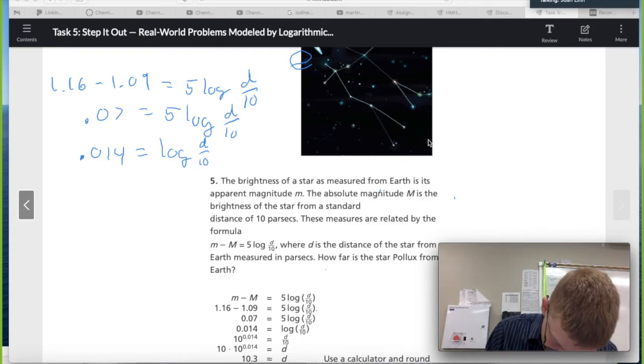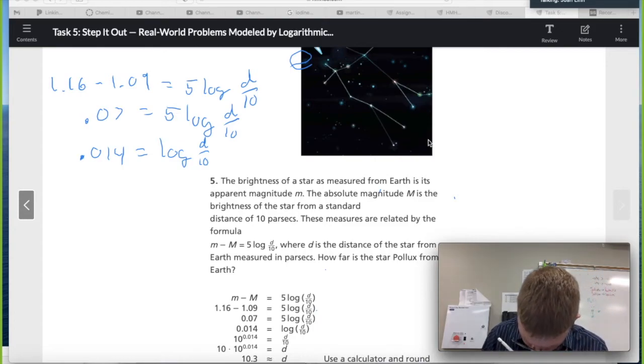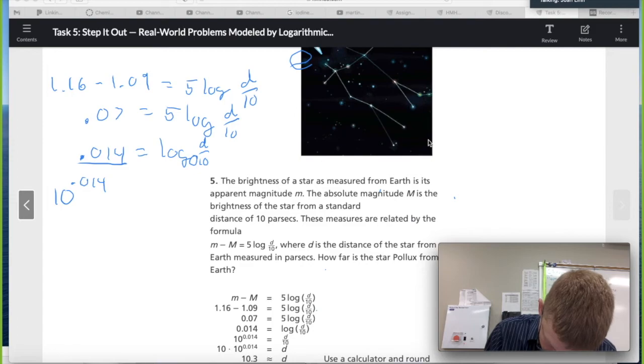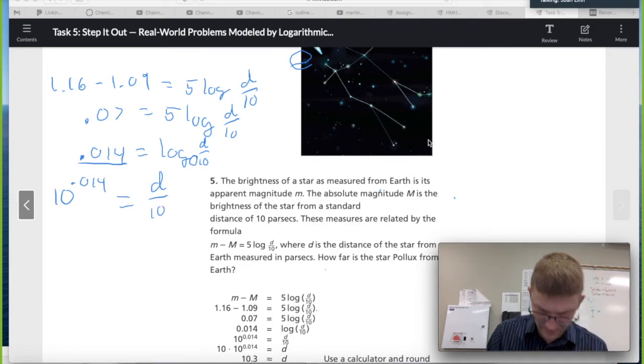So that's going to be 10, the log base, raised to the power of this guy, 0.014, is equal to d over 10.